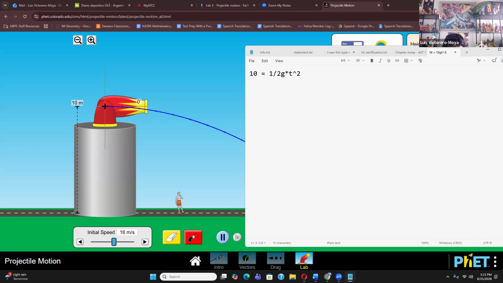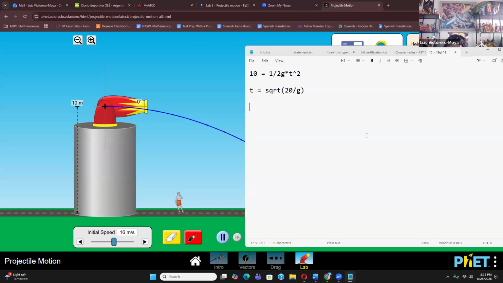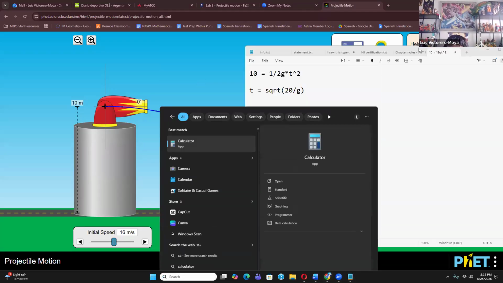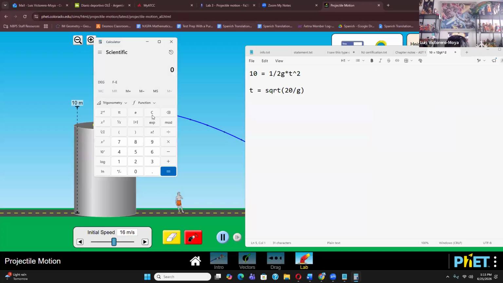So time is the square root of 20 divided by gravity. Now gravity is 9.81 in the software, so you can just use a calculator. So 20 divided by 9.81, and then we take the square root. That's 1.42. If we use significant figures, 1.43 seconds.